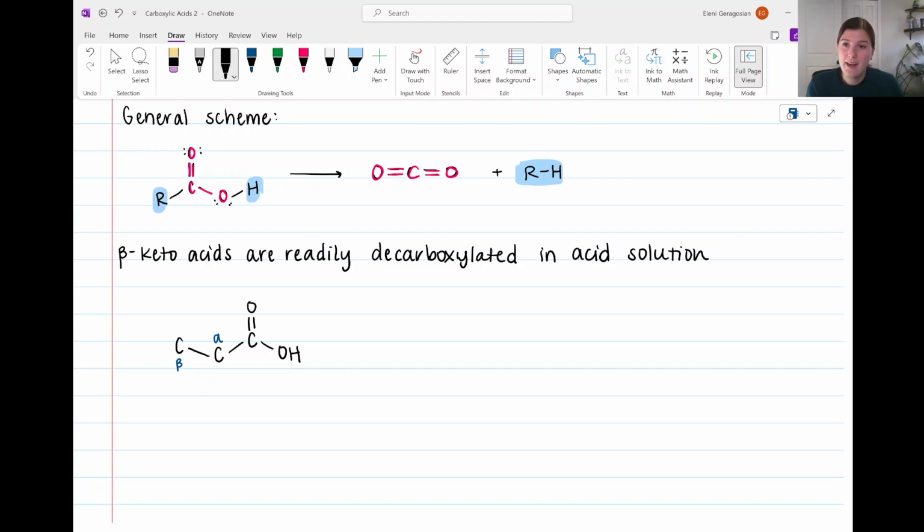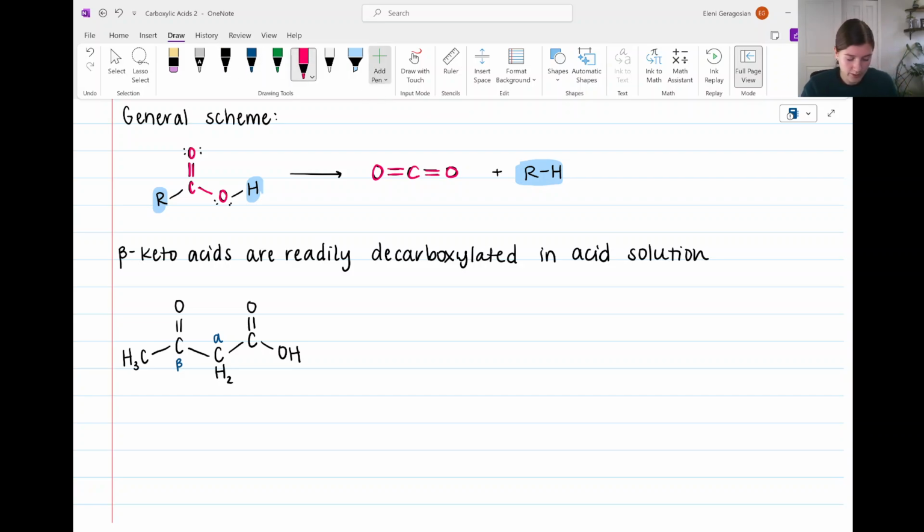So when that beta carbon is a ketone carbon, so now we have another carbonyl bonded to another R group, we'll say just a methyl group there, the alpha carbon must be a CH2. This is a beta keto acid. So the beta carbon is a carbonyl carbon.